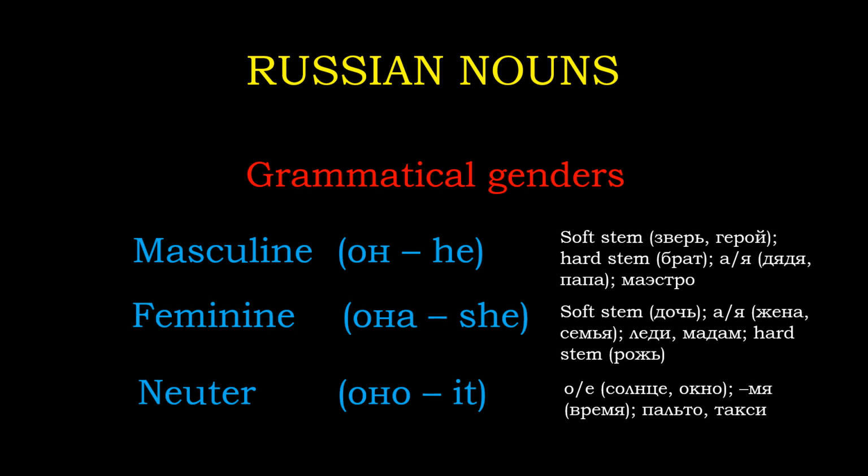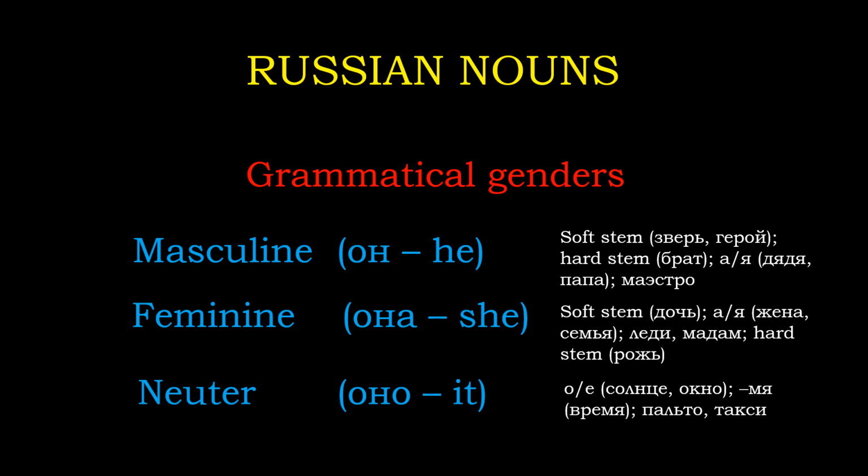In today's lesson we will start with genders of Russian nouns. When we've been talking about adjectives, I mentioned that they have to be the same gender as nouns you describe.